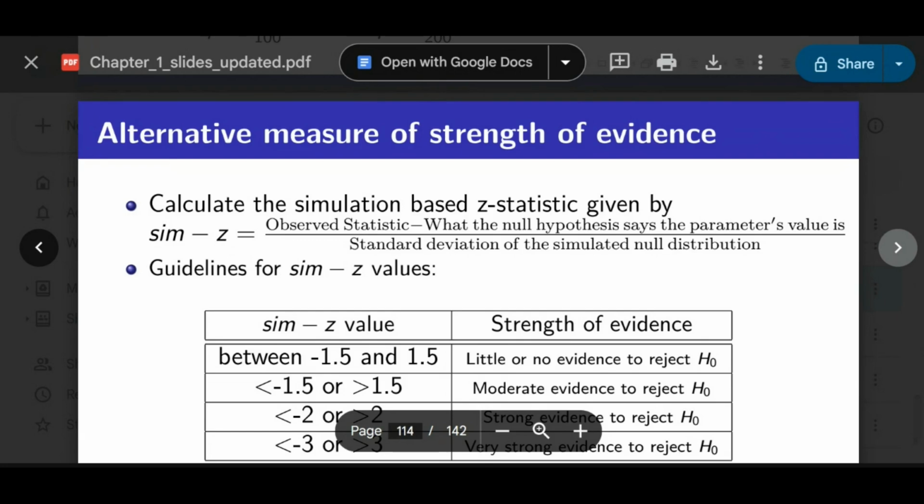Observed statistic minus null hypothesized value over SD of the null. Now, we like to use colors in this class because it does help. What color do we represent the observed statistic by? Very good, red. What color do we represent the hypothesized long-run value of the parameter? Blue.